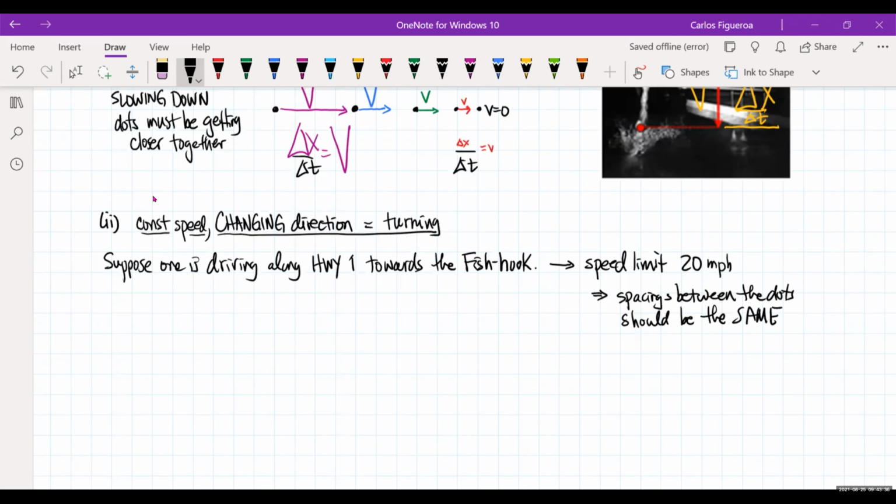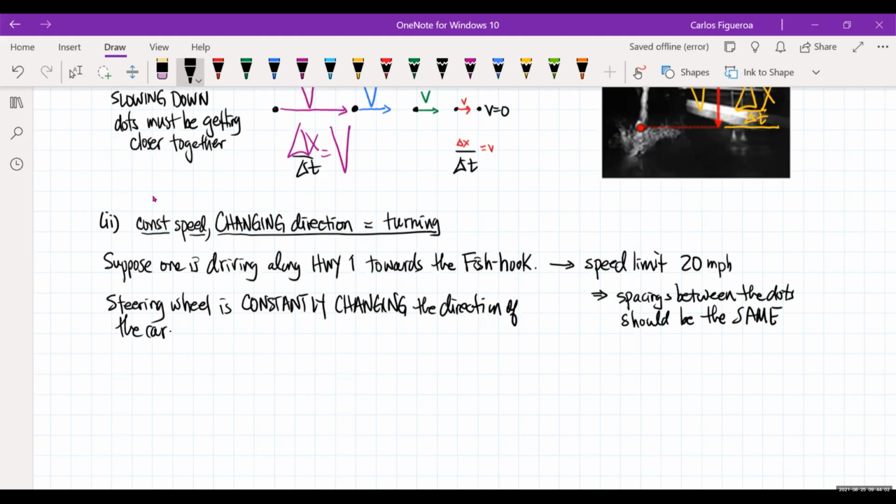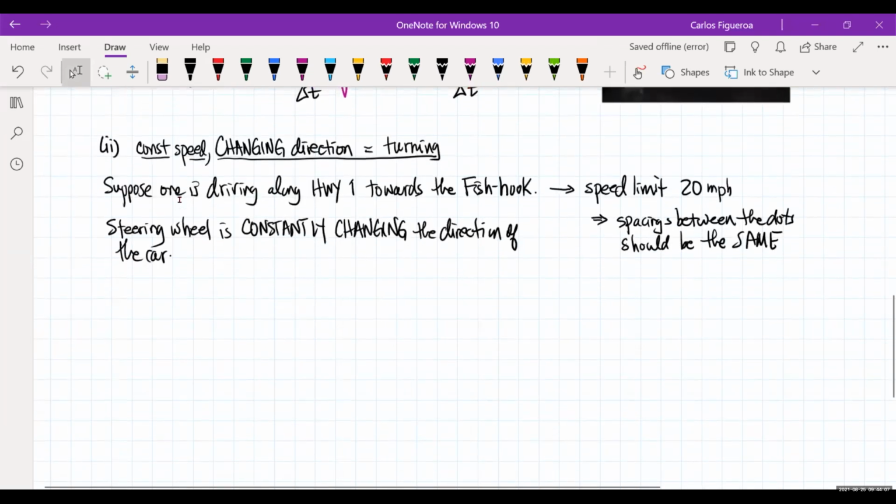But the big difference is that the steering wheel is constantly changing the direction of the car. So if it's constantly changing the direction, you could imagine if you're on the fishhook.